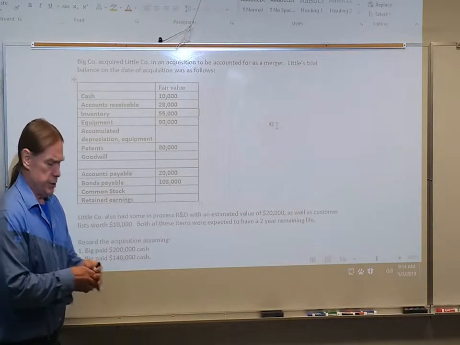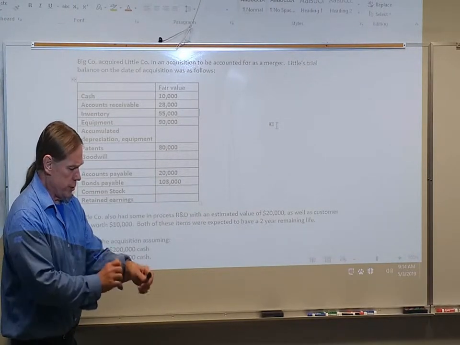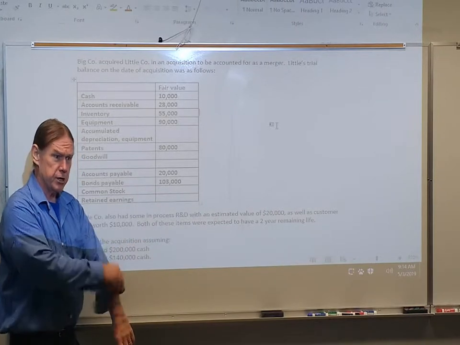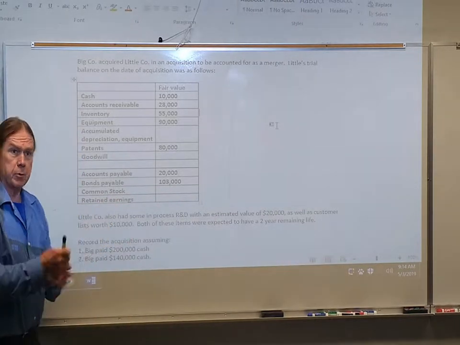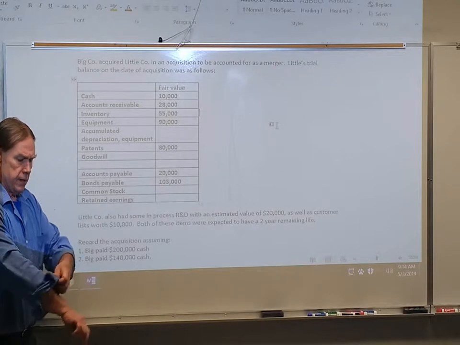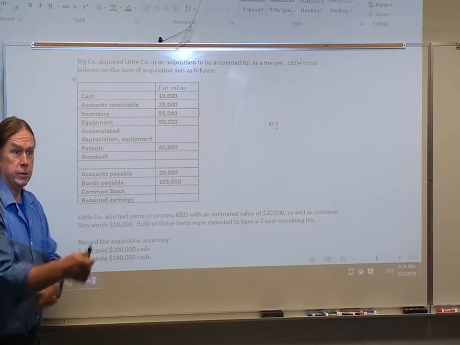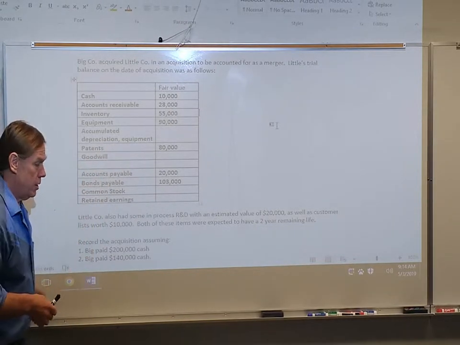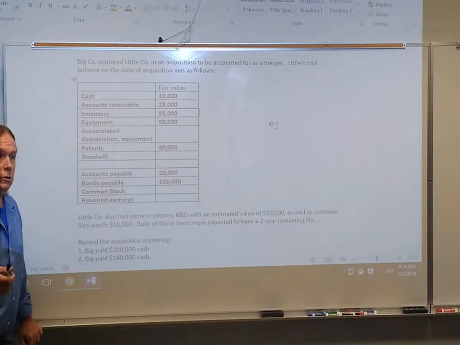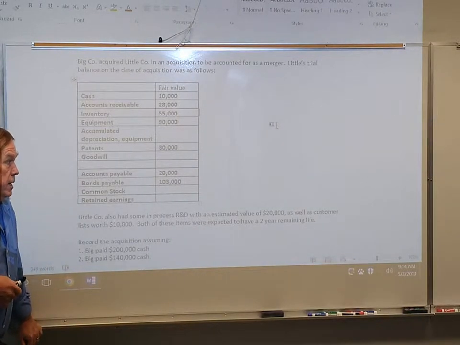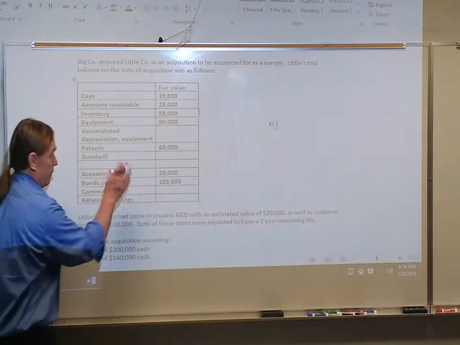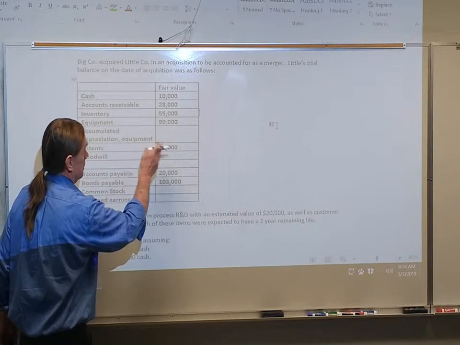Basically the rule is we can record intangible assets in a business combination if they are either separable, that is, if they can be separated and sold apart from the business, or if they arise from a legal or a contractual right.